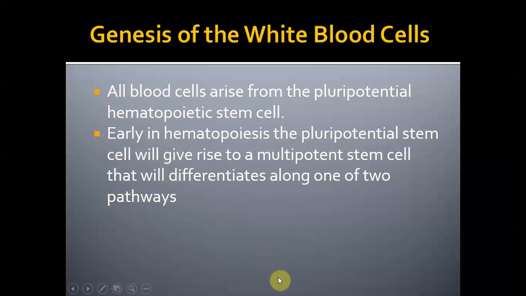If you remember the diagram we drew in the first week, we said very early in hemopoiesis the pluripotential stem cells will give rise to two lines, the lymphoid generating cells and the myeloid generating cells. We call them the multipotent stem cell that will differentiate into one of two pathways.